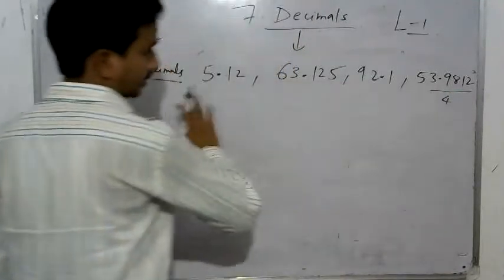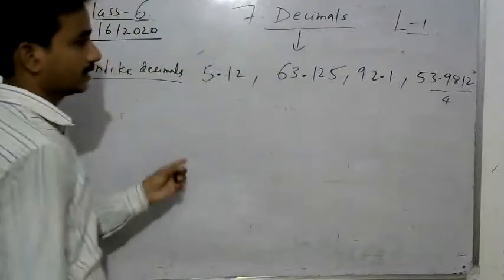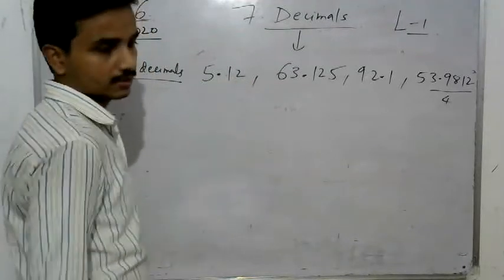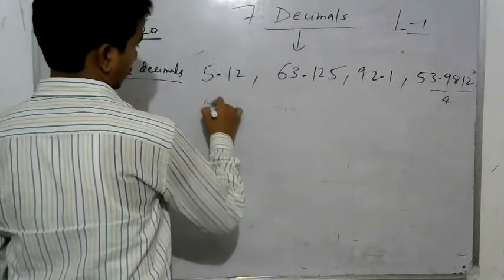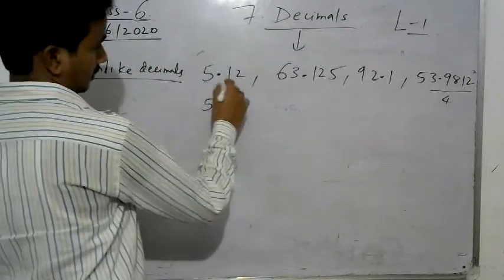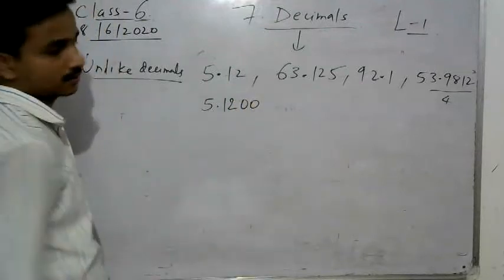So we have to make every decimal number have 4 decimal places by adding the appropriate number of 0s in the fractional part. Here, it has 2 decimal places. We have to make it a decimal number of 4 decimal places by adding 2 zeros at the end.